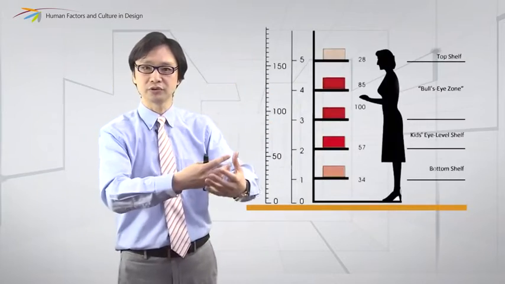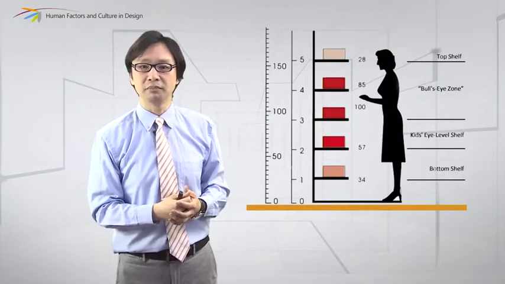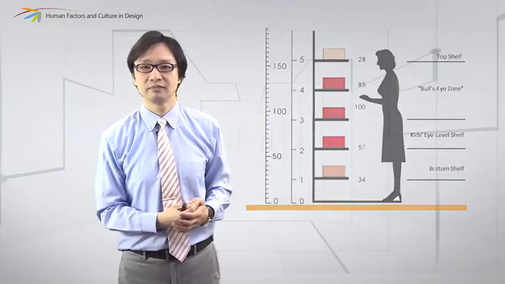Why do we need data of eye height? If we go shopping, we find the products near the eye height can be seen easily. Products too high or too low are difficult for people to see, for people to check. So different dimensions can help us to design the environment.